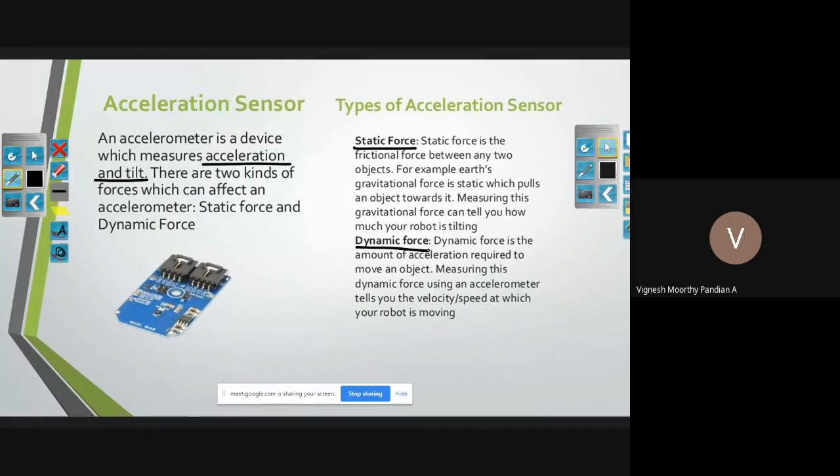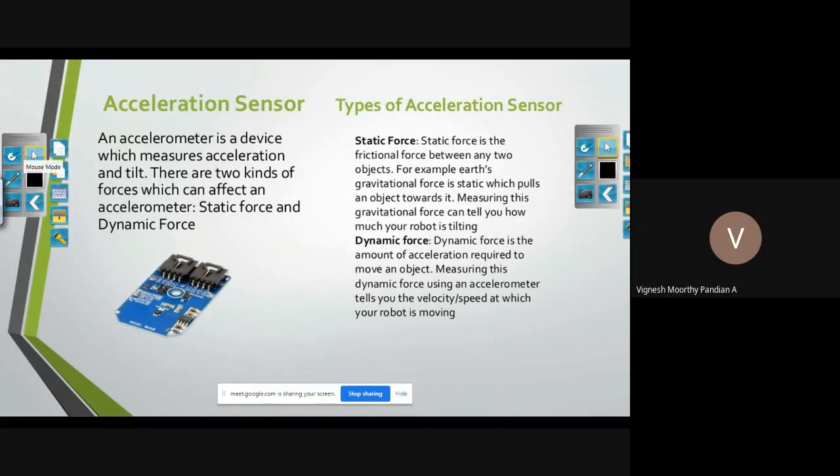The example of static force is the gravitational force. If you are measuring the gravitational force, this is static force measurement. The dynamic force is measuring the moving objects like a running car, something like that.